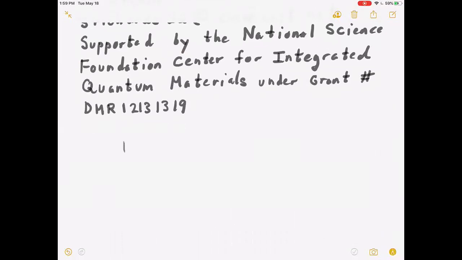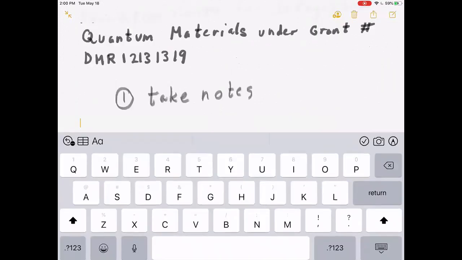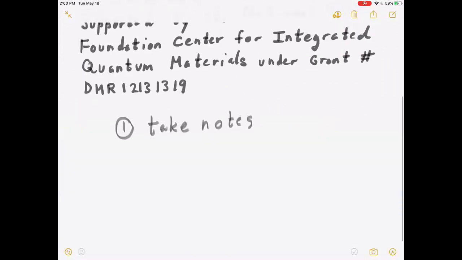So before we get started, some administrative points. I would say that it's important in this course to take notes. In particular, this course involves learning, and learning is not a passive activity.